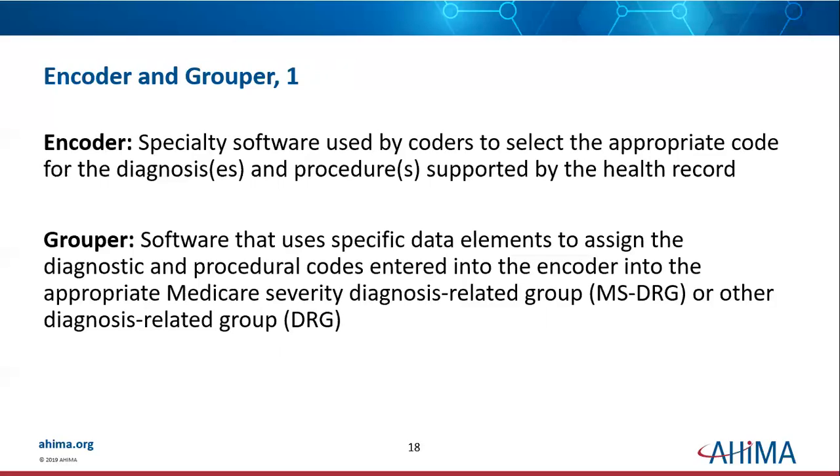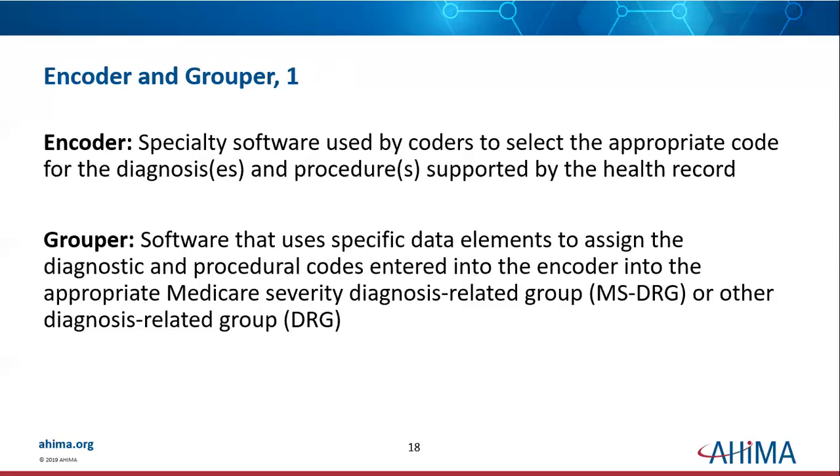An encoder software is used by coders to assist them in selecting the appropriate code, because it can't do it by itself. It needs analytical ability based on a human being.